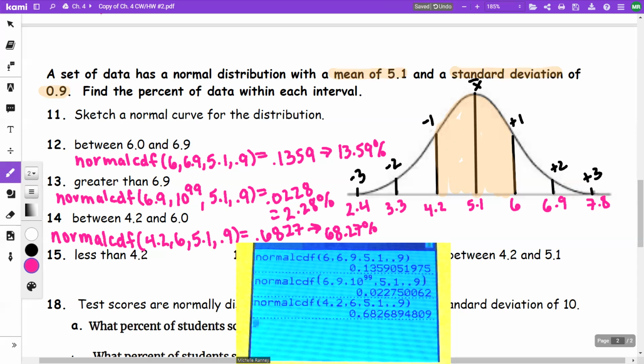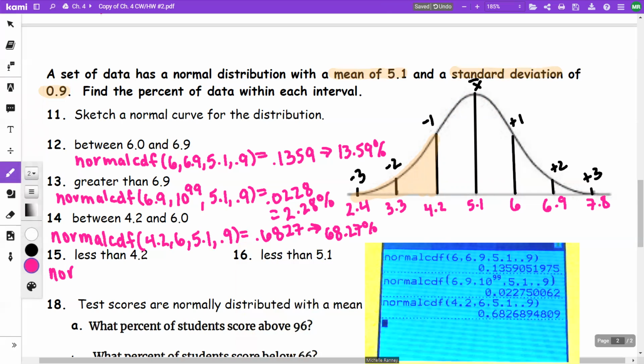Less than 4.2. Okay, less than 4.2 is going to be this side. Now, I'm going to be doing a normal CDF, negative 10 to the 99. It's really negative infinity. 4.2, 5.1, and 0.9.